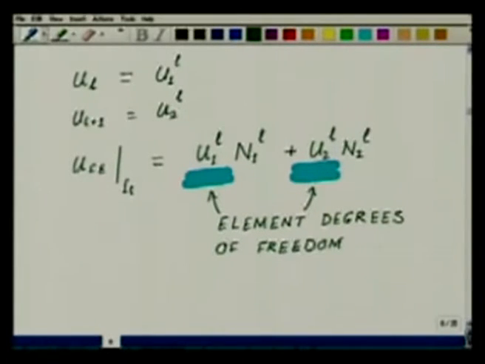The UIs in the finite element connotation globally are called degrees of freedom, while in the element they are called the element degrees of freedom.